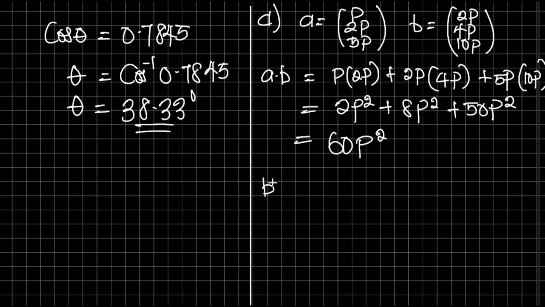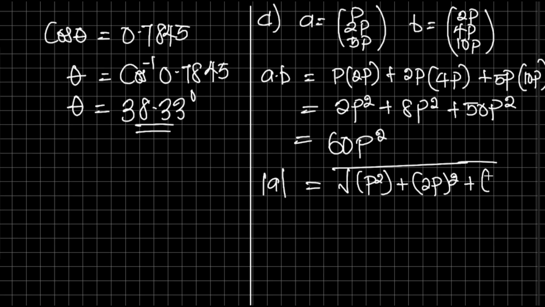So the magnitude of A, before that of B. The magnitude of A is the square root of P squared plus 2P squared plus 5P squared, and that will be the square root of P squared plus 4P squared plus 25P squared.